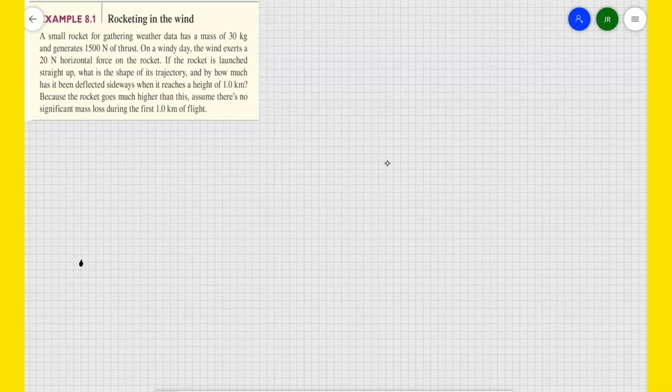Let me do a little free body diagram right here. We've got a force of thrust straight up. That's 1,500 newtons. We've also got gravity going straight toward the center of the earth.